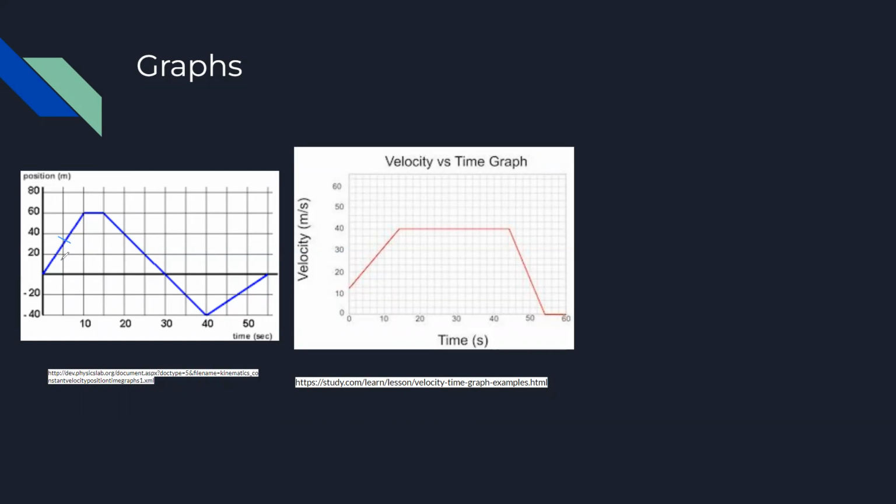But then let's say for this one, velocity versus time. If you want to find the position, you have to find the area under the curve for that point. So let's say from 0 to 10, 14.